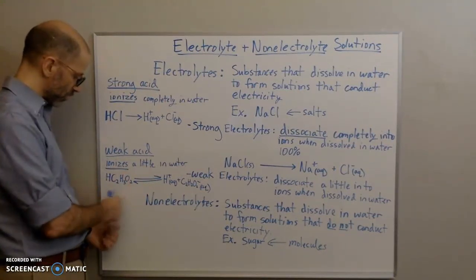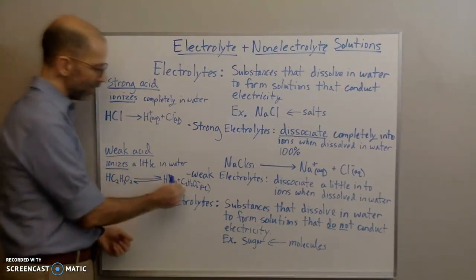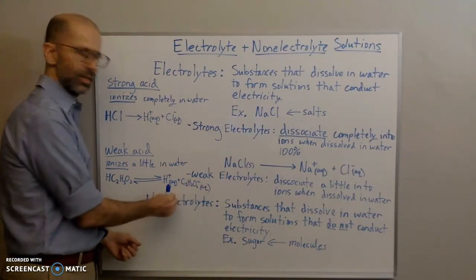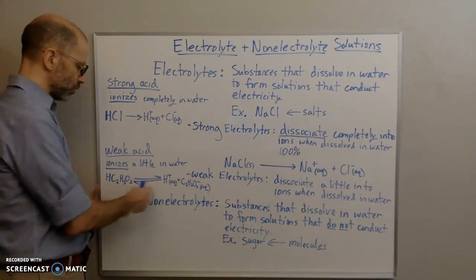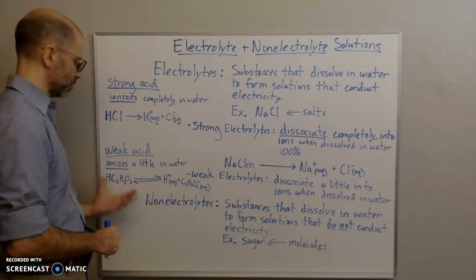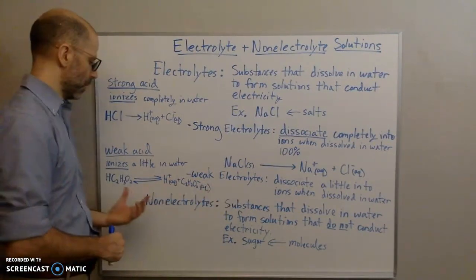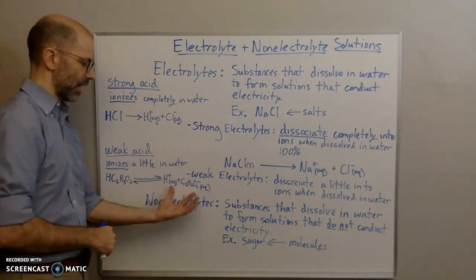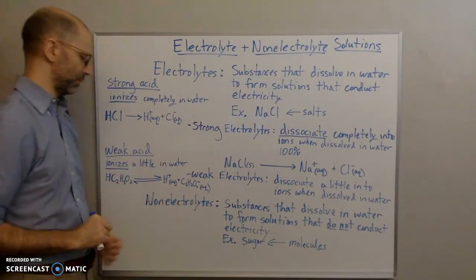So most of it is going to stay in this form. It's not going to ionize. And a tiny bit of it will be in this form here. So that's what the double arrow means here. This is an example of a weak acid. A weak acid is an example of a weak electrolyte, because very little of it is going to dissociate or ionize into ions. And so it might conduct electricity a little bit.